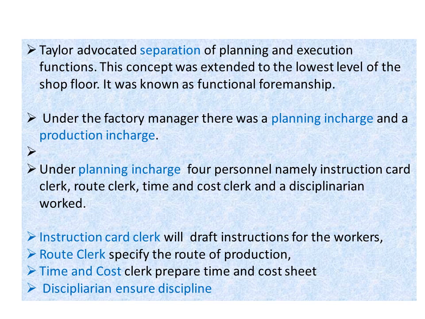So, as you see, Taylor said that there should be a separation between planning and execution functions. Under the planning function, there should be an instruction card clerk. What will he do? The instruction card clerk will draft instructions for the workers, that when the worker comes to the factory in the morning, he will be instructed what work to do. The route clerk will specify the route, meaning how to do the work.